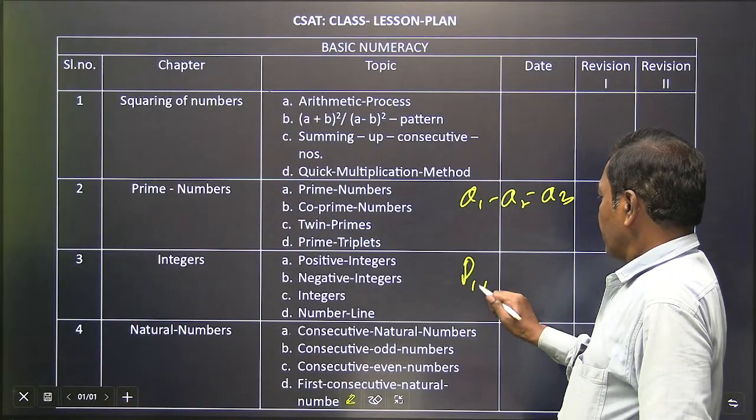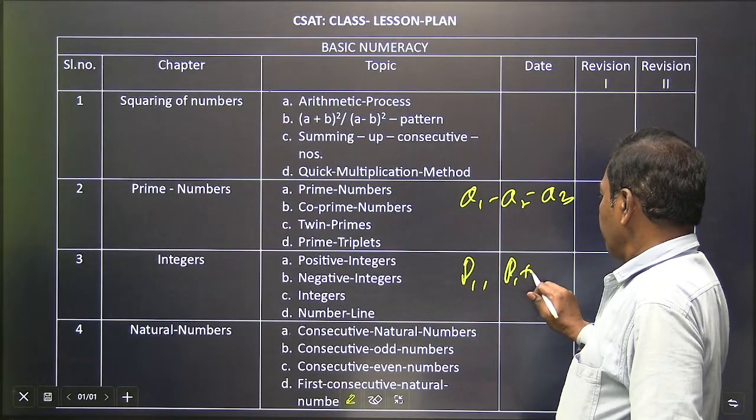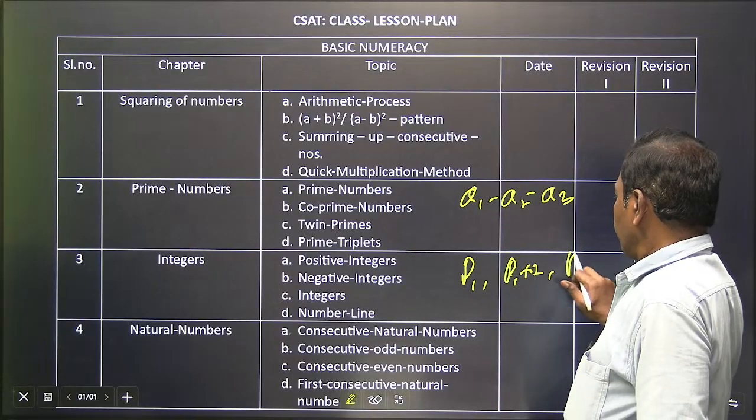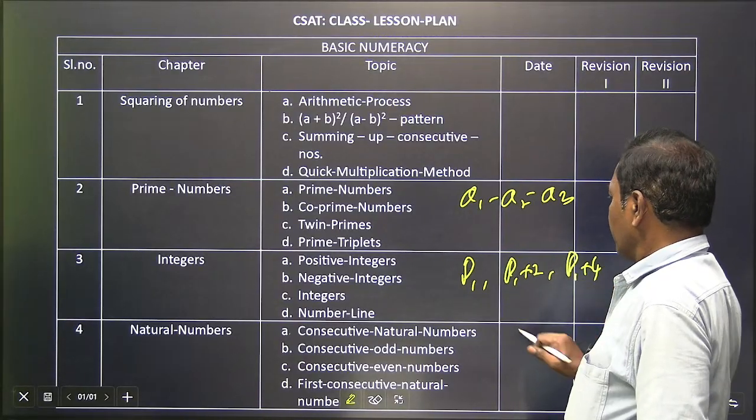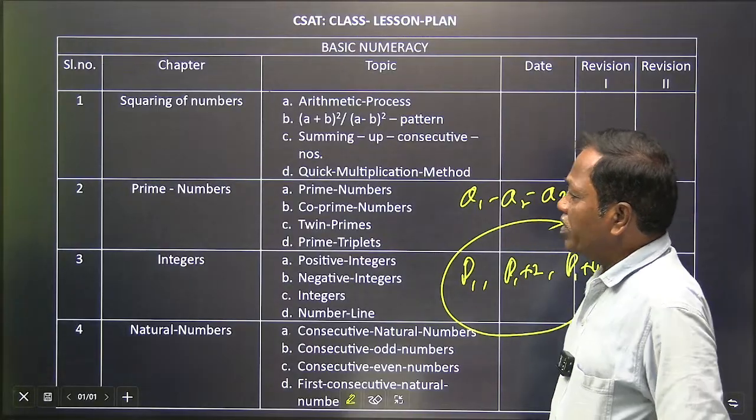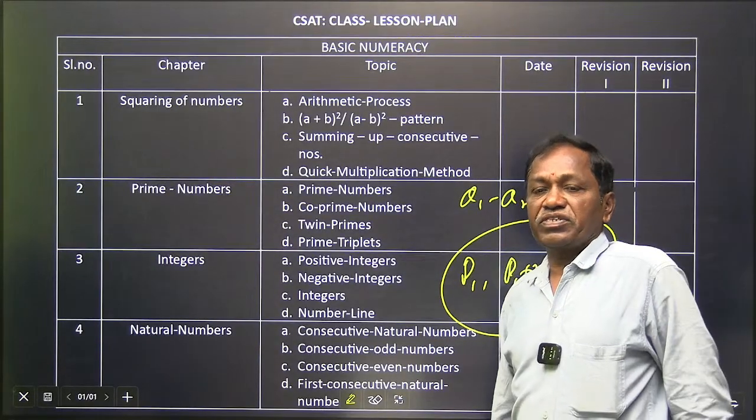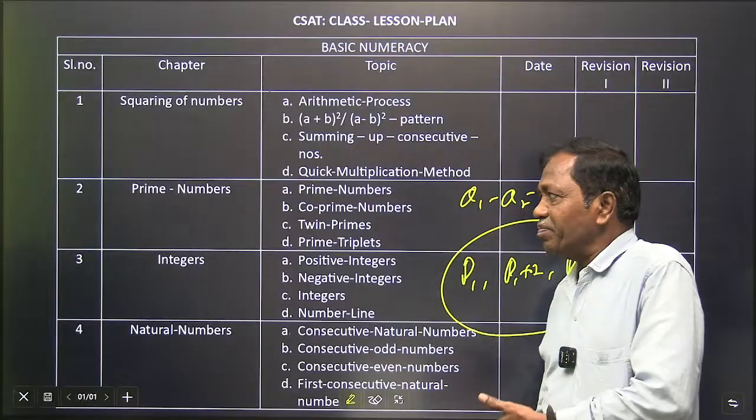P1, comma, P1 plus 2, P1 plus 4. So this is the prime triplets. How many prime triplets are possible in the first 100 natural numbers? There are 8, but you have to see that.